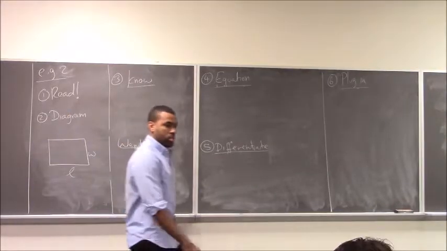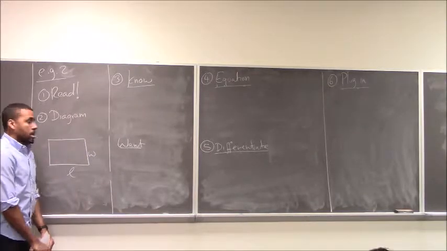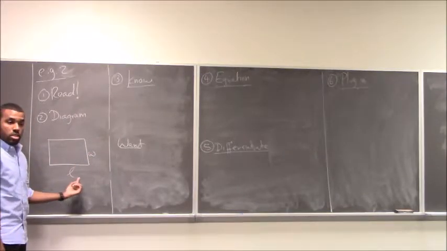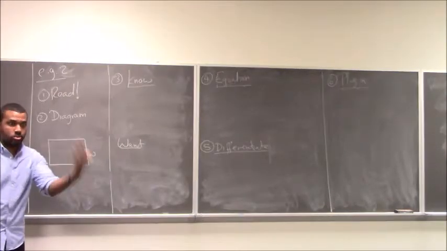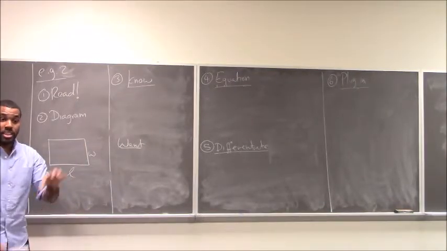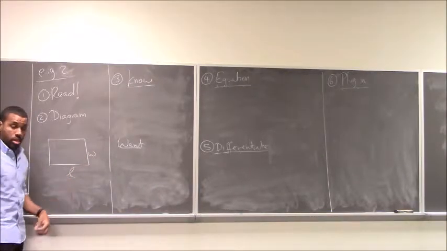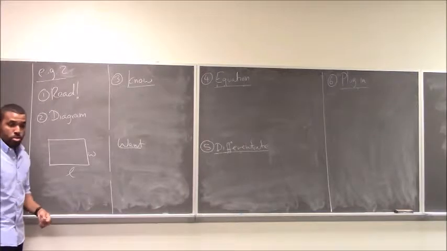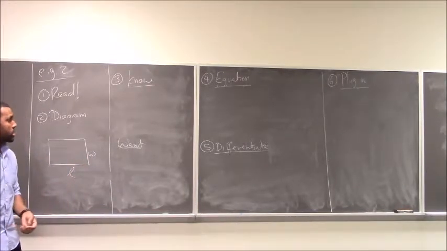The variables aren't given to you, it doesn't matter what you call them, just be consistent with using the same letters. Both the width and the length are changing, so they're labeled with variables. If the question had told me the width is 5, and it's always 5, but the length is increasing, then I would write down 5 here and write down L there. So when you're putting a variable, it means you're conceptualizing that as something that is changing over time.